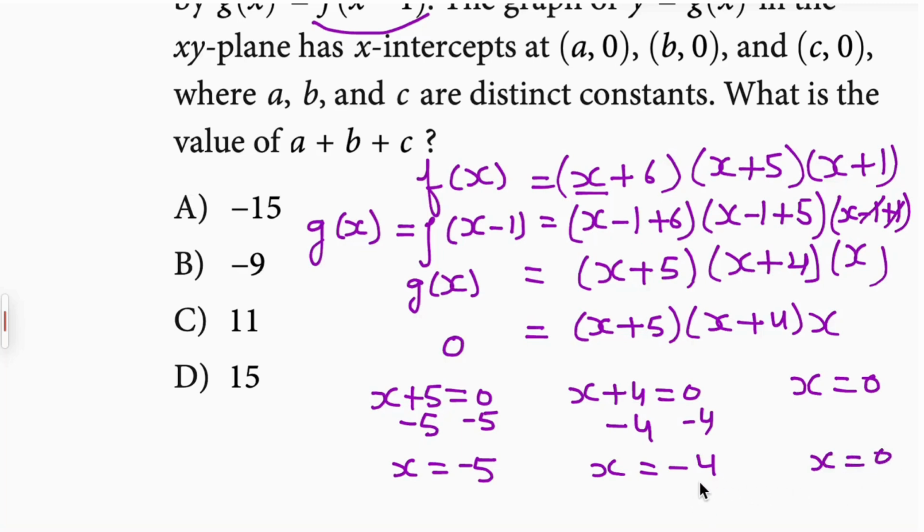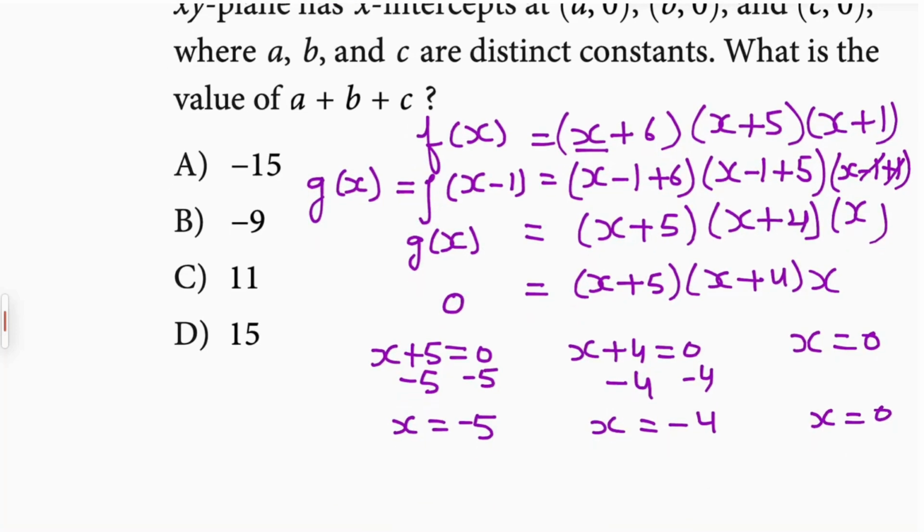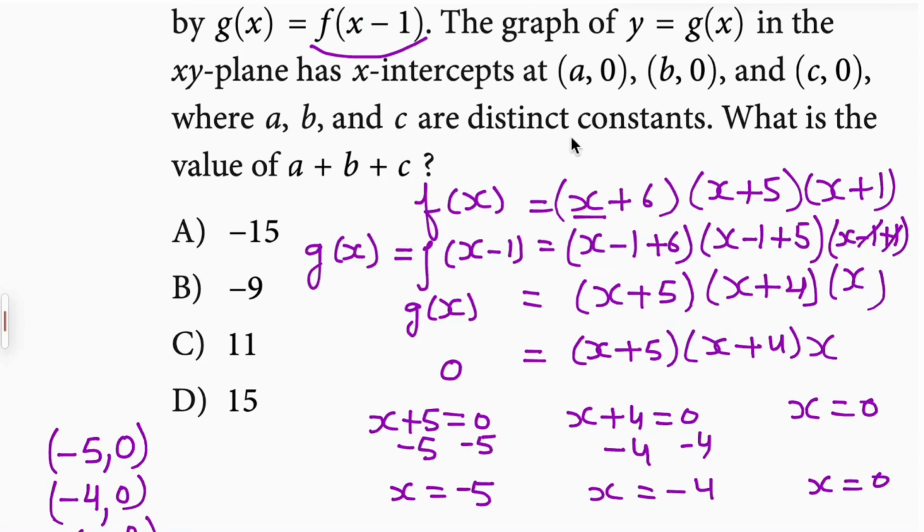Okay. Now because these are x-intercepts, I can write them as coordinates. When the x-intercept is negative 5, coordinates are negative 5 and 0. When the x-intercept is negative 4, coordinates are negative 4 and 0. And when the x-intercept is 0, 0 and 0 are the coordinates. These are the three points which are on the x-axis. So if I see the question, the x-intercepts are (a, 0), (b, 0) and (c, 0).